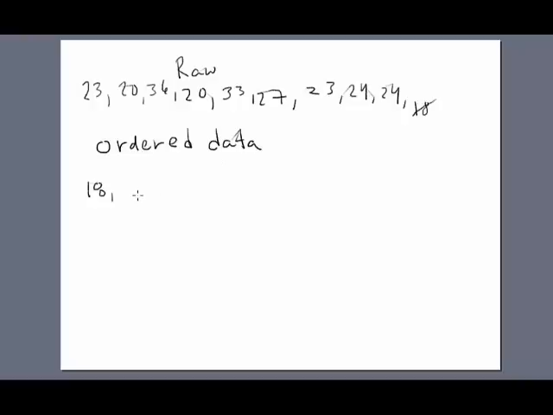And then the next highest score is 20. You'll notice we have two 20s, so we're going to write 20 again. And then the next one is 23. There's a 23 there and a 23 there, so we'll write that down 2 times. And then the next score is 24, and there are 2 of those.